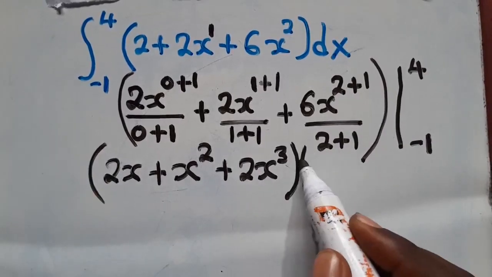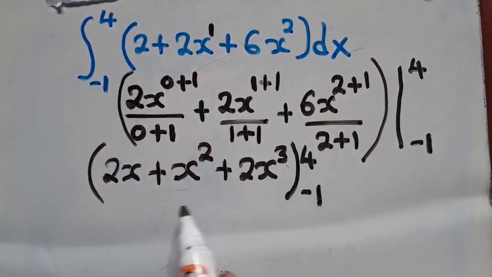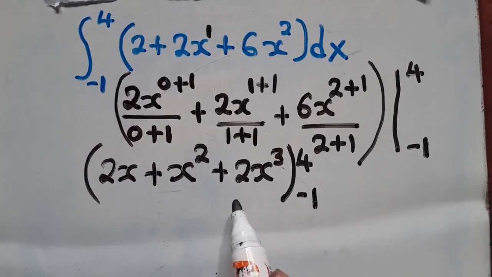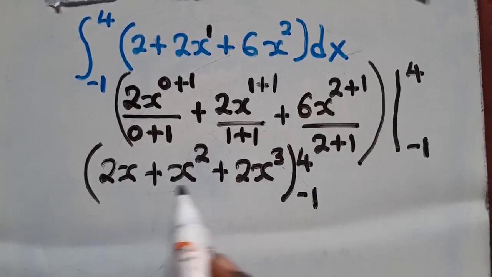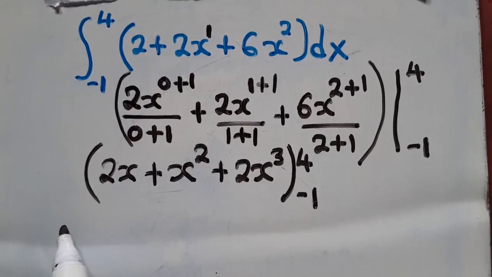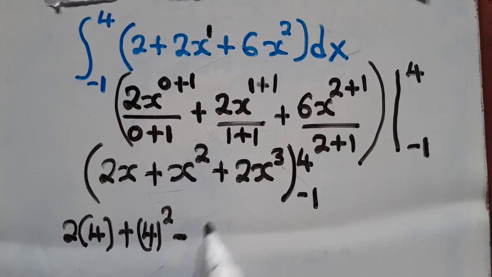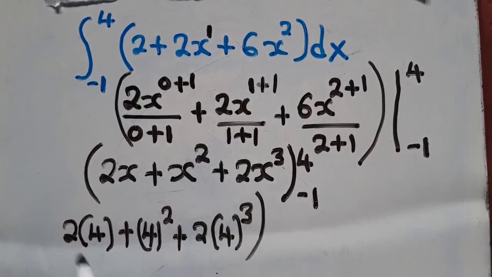Then the limits have got a 4 on top and a -1 there. Then I evaluate this part. For the first part, where there is x, I put a 4. So I'm going to have 2(4) plus 4 squared plus 2(4) cubed.